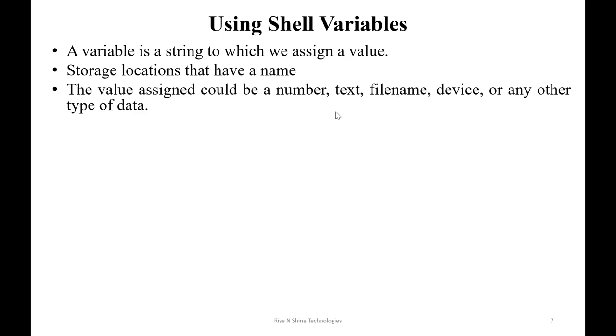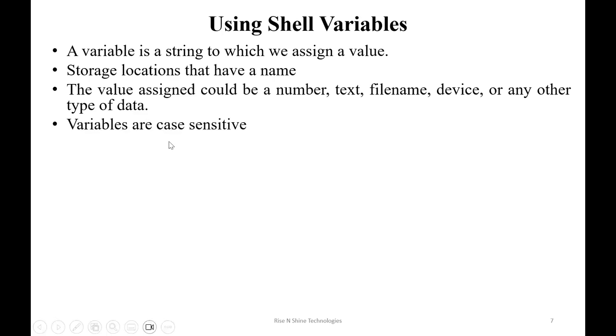Or we can define a number, or a file name or device name, any other type of data. The shell's beauty is that you don't need to define explicit data types. Even Python is like that. But Java or other languages like .NET have data types. That is a different concept, leave it.